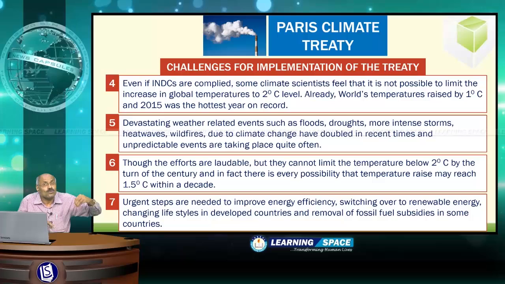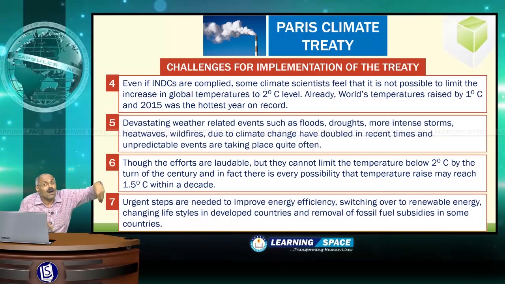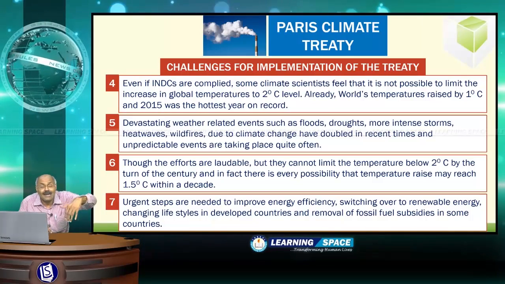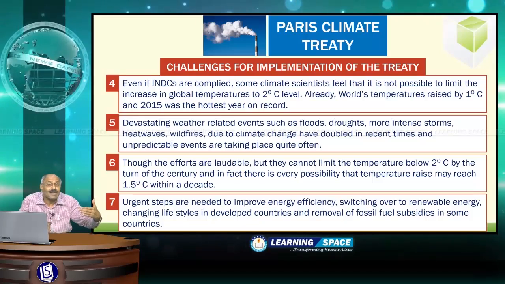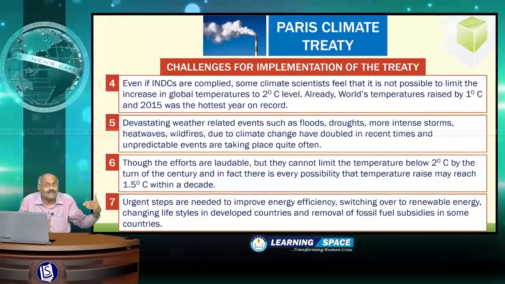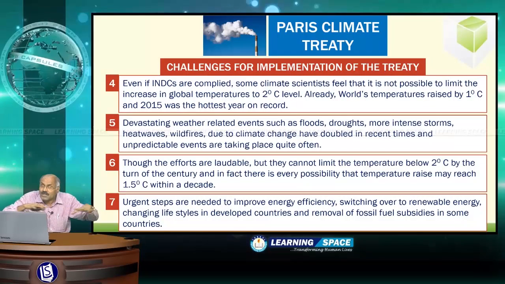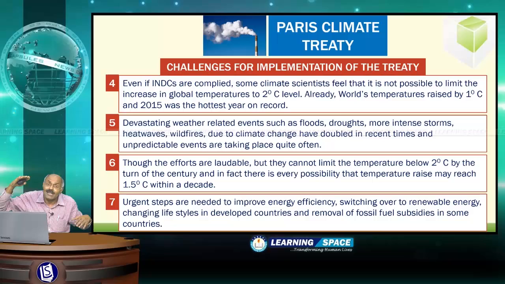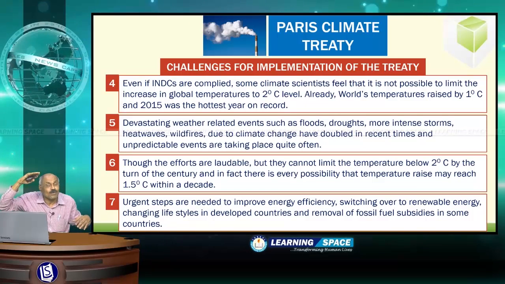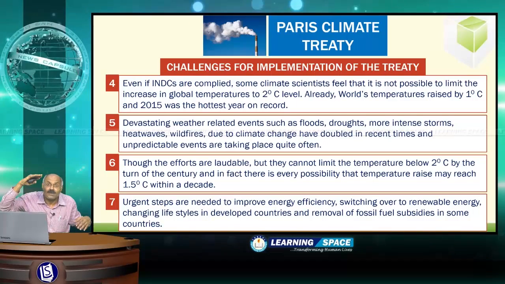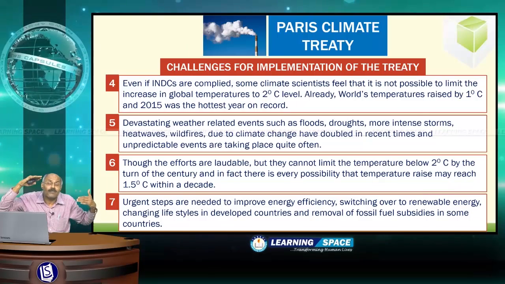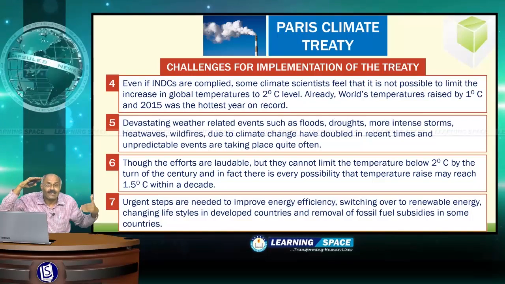And please don't forget, 2015 was the hottest year on record, and there is every possibility that within the next 10 years, global temperature rise may reach 1.5 degrees centigrade. Under these circumstances, INDCs submitted by the countries are not at all sufficient to limit the temperature to 2 degrees centigrade. That is one important point as per the opinion of some international climate scientists.